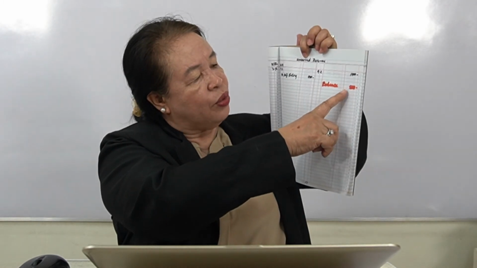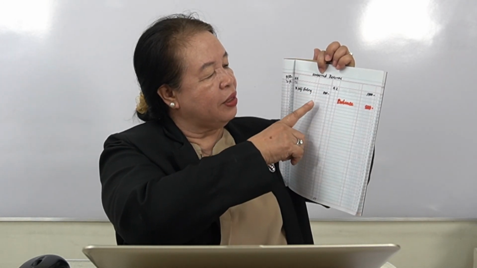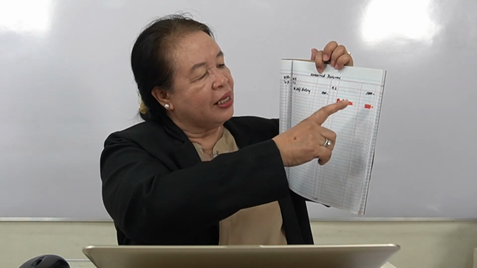Yung unearned revenues natin is 1,200. Ang balance niyan is credit balance. Liability, unearned revenue. Nag-adjust tayo ng 400 kaya ang ending balance niya is 800. So, yun yung unearned revenue na dadalhin natin sa adjusted trial balance natin, dadalhin natin sa balance sheet.